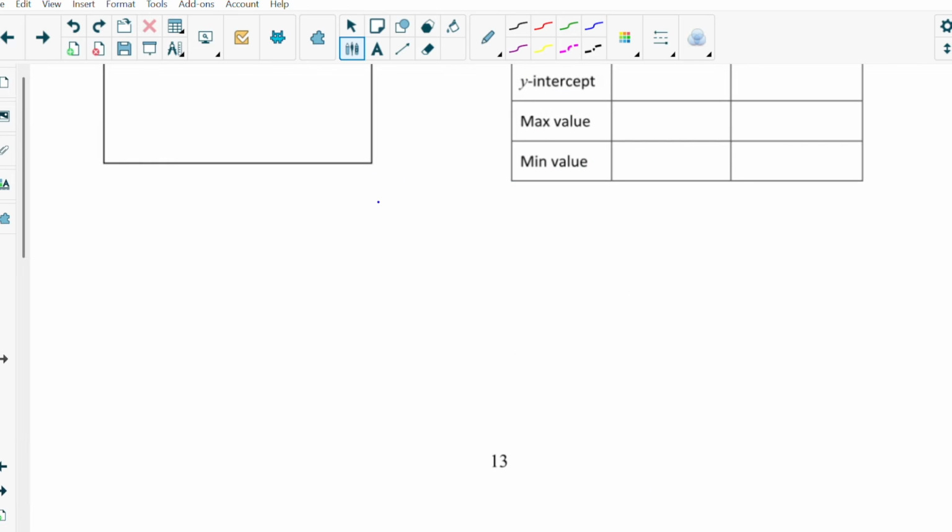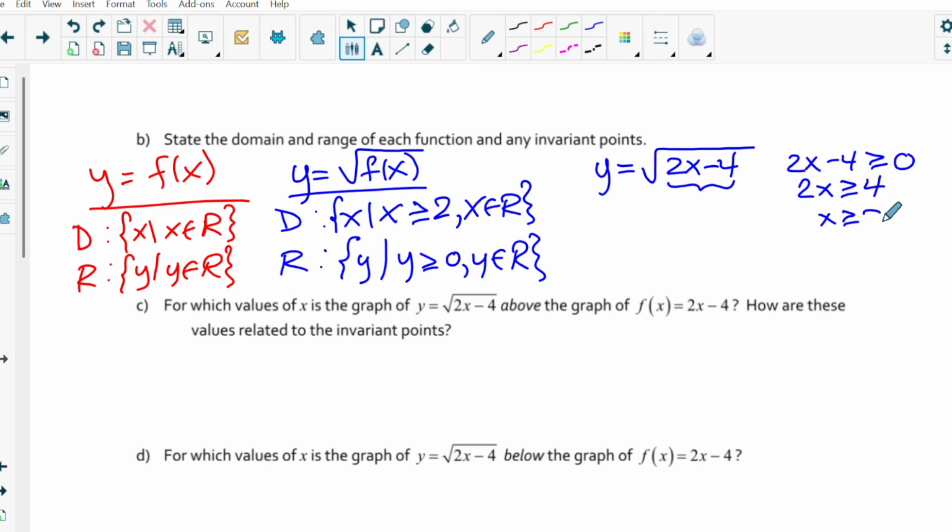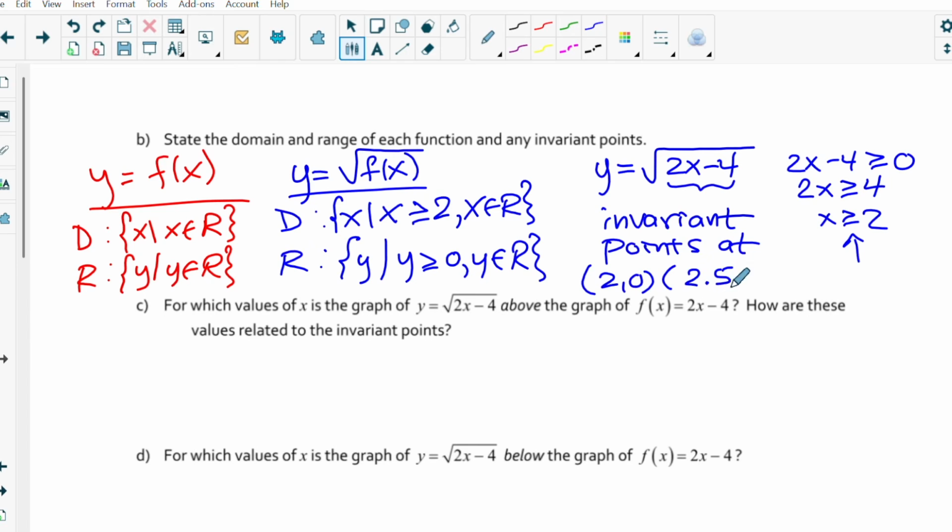Also, this makes sense because if I have y equals square root of 2x minus 4, remember this radicand 2x minus 4 must be greater than or equal to 0 to have real values. So 2x is greater than or equal to 4, x is greater than or equal to 2. That's my domain, folks. That's where I get it from. Last part here, invariant points at (2, 0) and (2.5, 1).